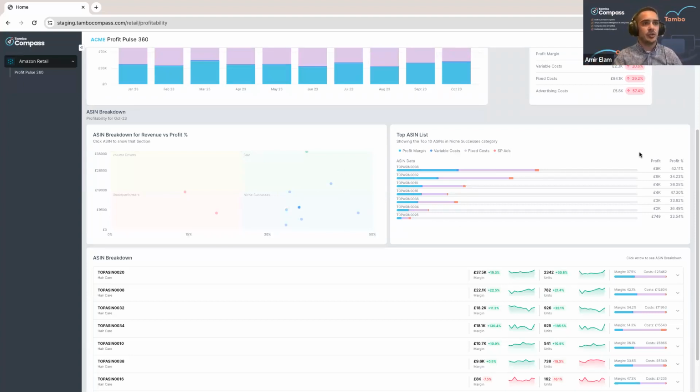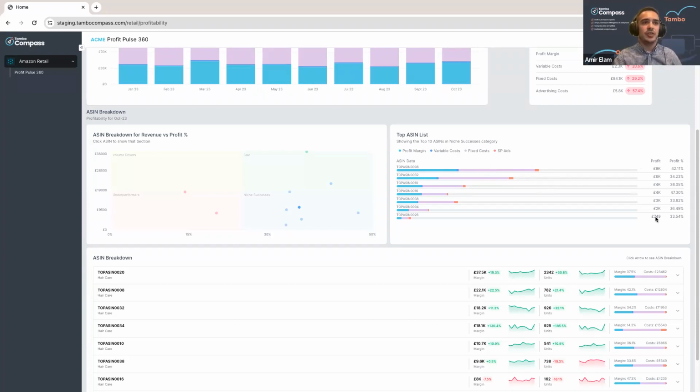The other thing, as you look on the right hand side, and that's a good example because you've got multiples, is you see the breakdown of the margin, so you see what the margin is taken out of. In this instance you've got the variable cost, the fixed cost, and the sponsor ads. Again, this is customizable, so we can customize this based on different metrics.